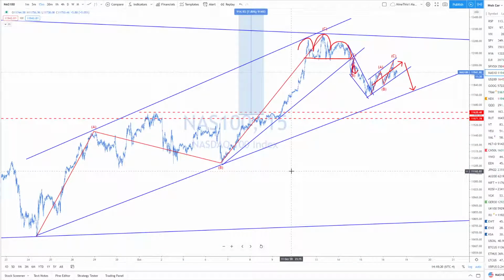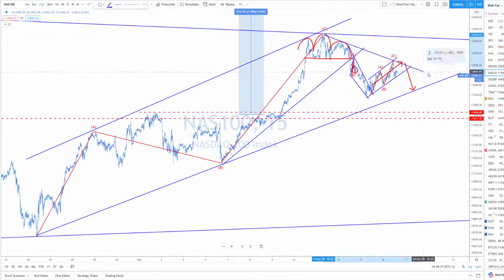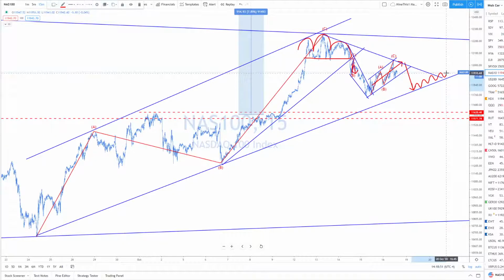Now, if that should happen, we're going to end up with another descending resistance area. So going into next week, we'll look for some kind of a consolidation and see how it works. If it continues in this manner, look for one more wave up.